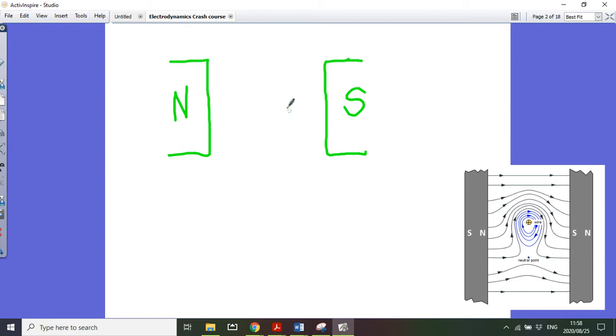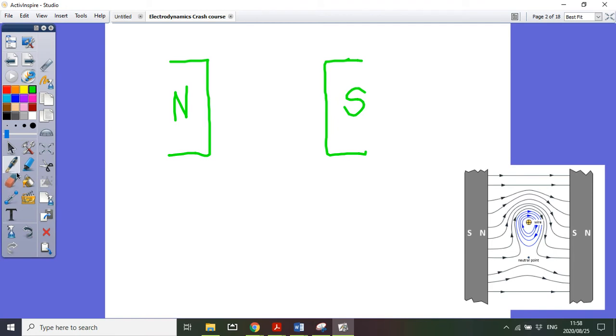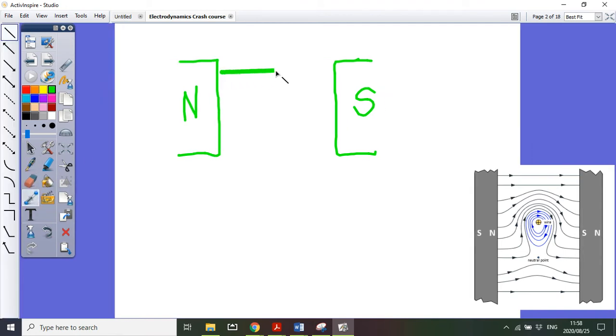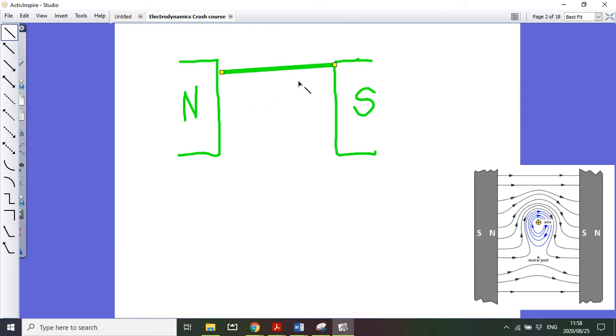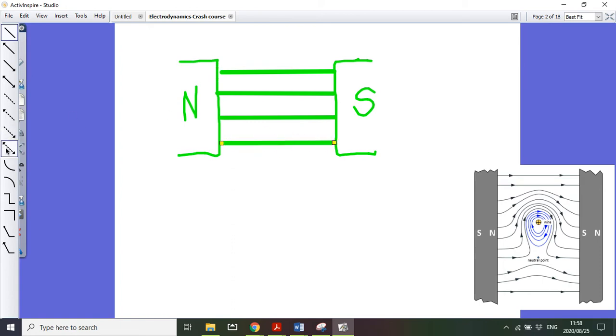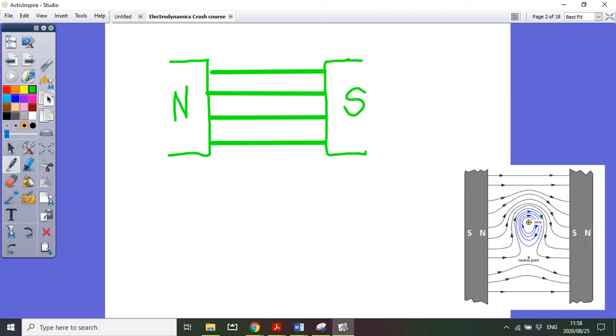That just means that for the bit between this North Pole and the South Pole, the lines are going to be evenly spread. So I could use my nice straight lines, and I can say there's a magnetic field created between this North Pole and South Pole. And you should know by now that the direction of that magnetic field will be from north to south.